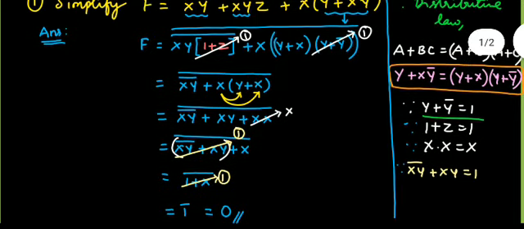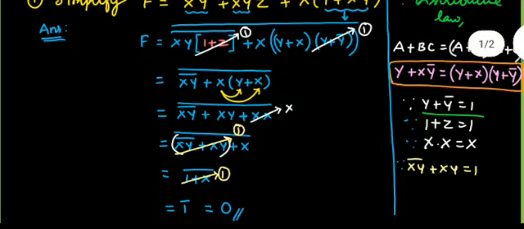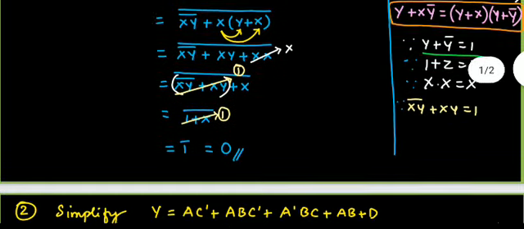Please go through this. Please follow this problem step by step, and whatever identities, laws and theorems we used, I have given on the right hand side. Step by step follow this. Then you can understand how we are getting the value 0 for this problem.